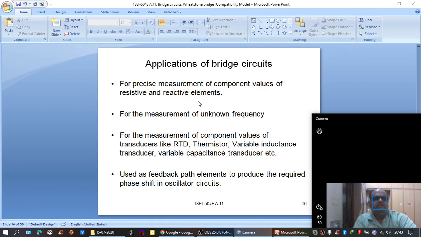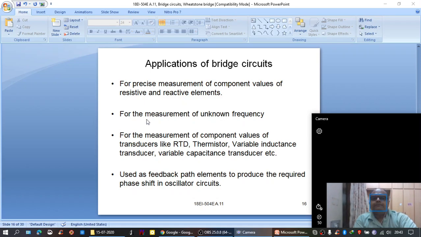By using the bridge circuits, we can find out the component values of resistive and reactive elements. What are reactive elements? Inductors and capacitors. So we can find out the value of resistance or value of inductance or value of capacitance using a bridge circuit.